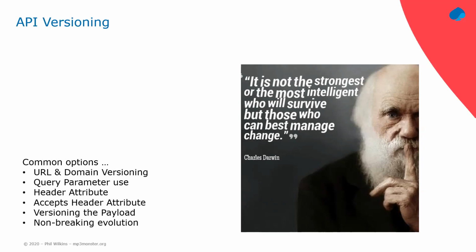And how do we deal with the fact that we do need to change our APIs and improve, and people will want more and new features? So there are a number of different strategies to solve it. There's a set of common patterns, but the important thing is that handling versioning, or handling the way we deal with change, is key.